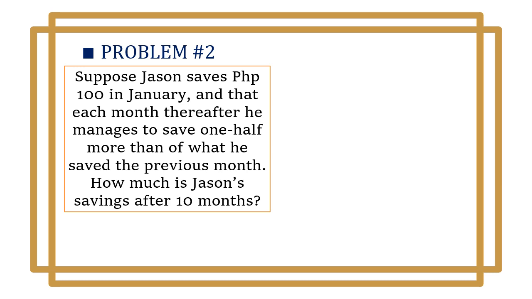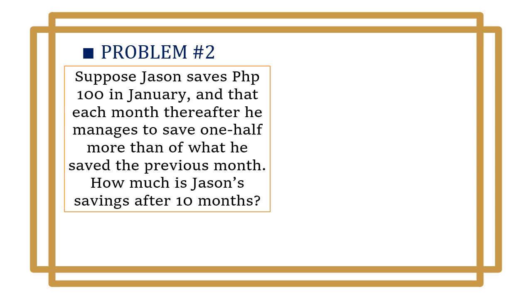What do you think is the common ratio in this problem? As mentioned, each month thereafter, he manages to save one half more than what he saved the previous month. So if we convert the idea of one half into a rate, that is 50%, right?